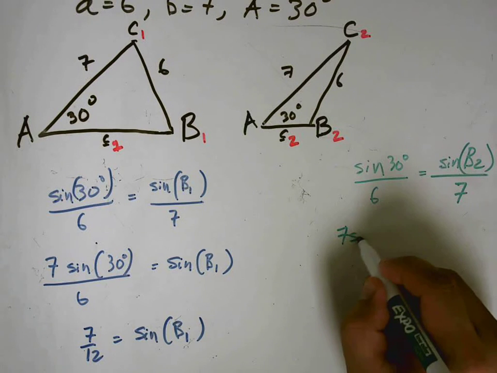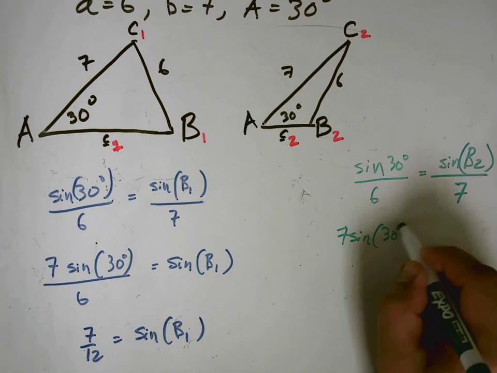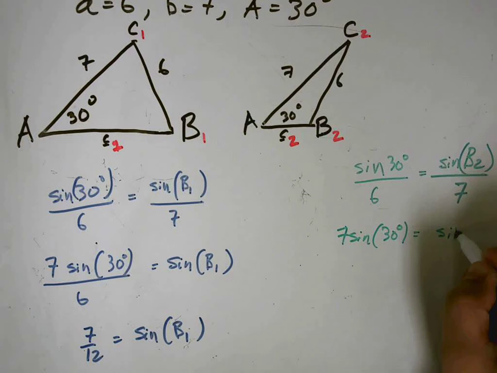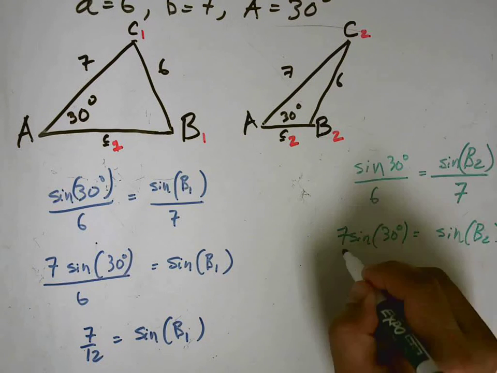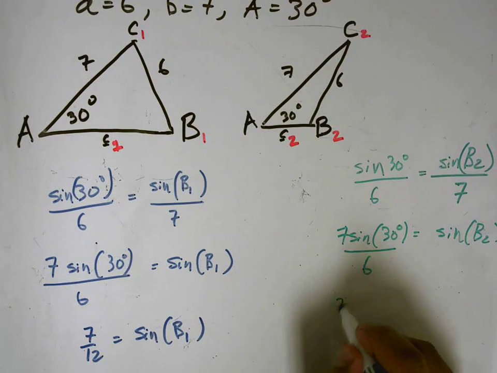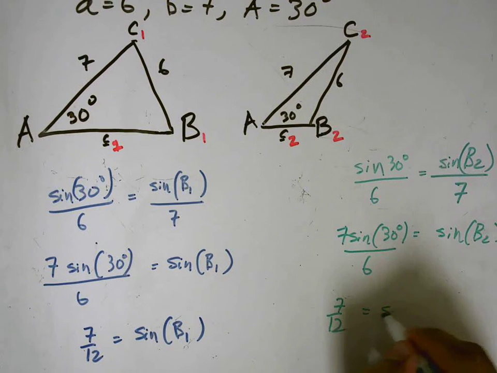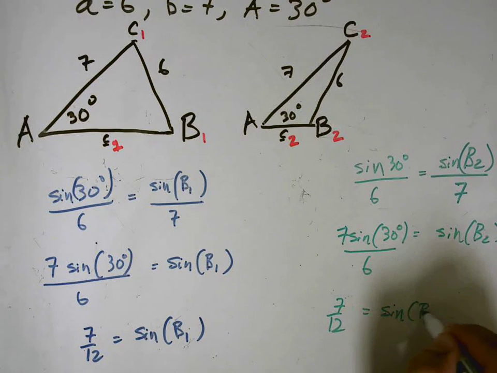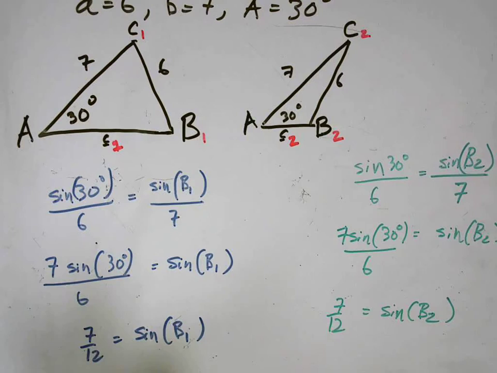So 7 sine of 30 degrees over 6 is equal to sine of B2. Sorry, this should be over 6. And I also get 7/12 equals sine of B2. Then I'm going to type that into a calculator.